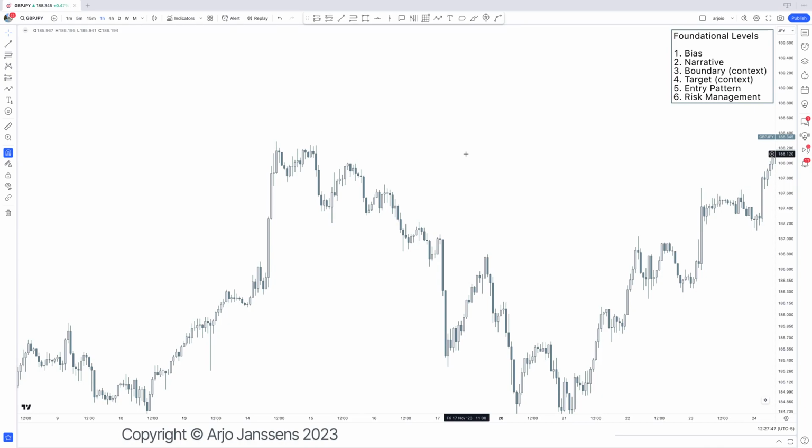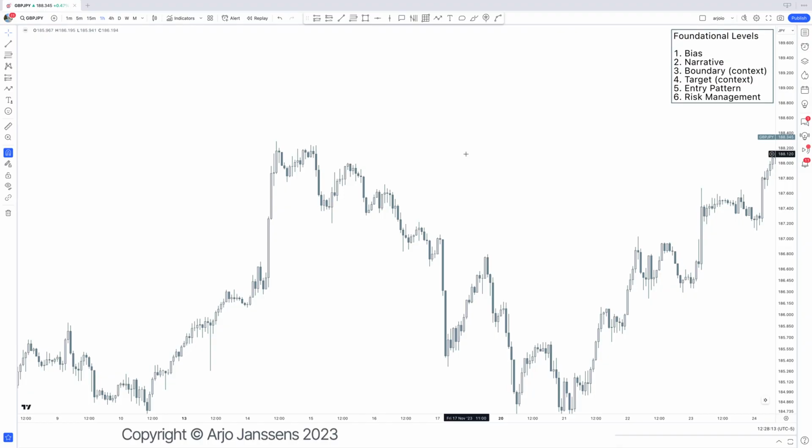Now, what consists of one order flow leg? So an order flow leg, if PD arrays are responsible to create order flow, very logically thinking, then the PD arrays are our order flow. So one leg consists of PD arrays, which is our order flow leg.